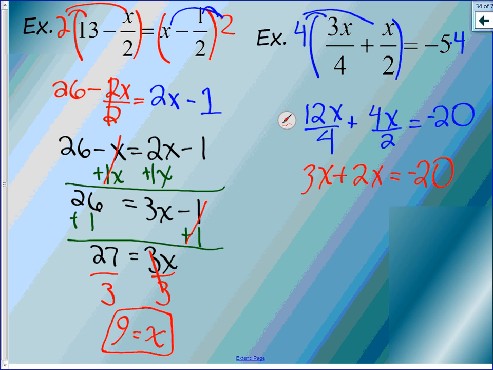And then I see that I can combine my terms. 3x plus 2x is 5x. Then I can divide both sides by 5. And x is going to be negative 4.